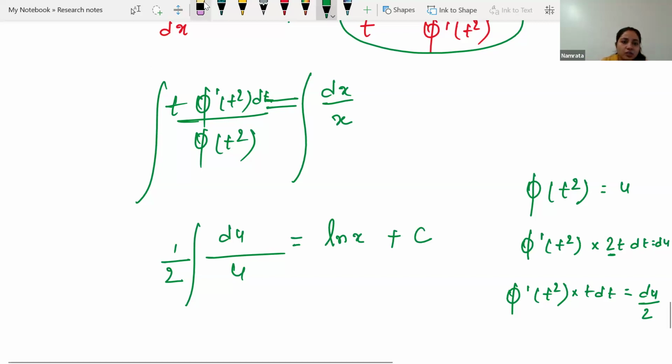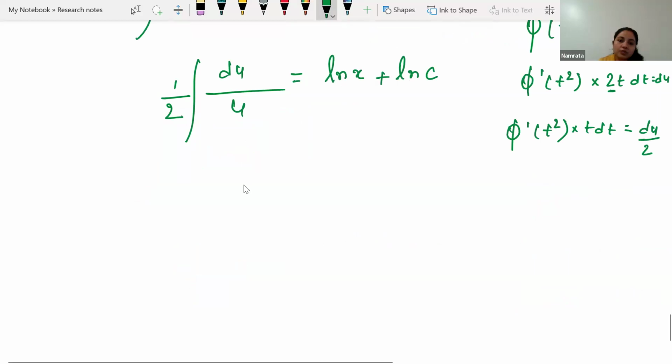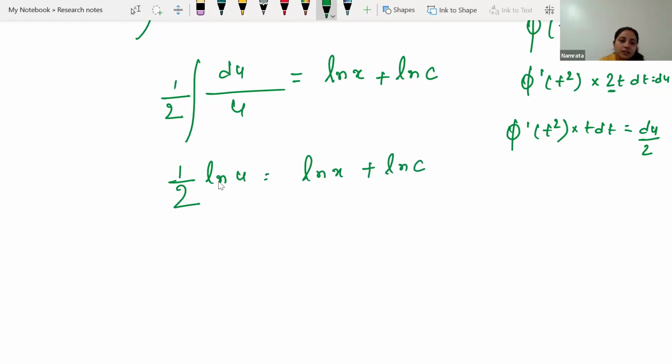Okay, both side we are getting log. Here also let me take logarithm only. Plus ln c. Okay, so here also logarithm, here also logarithm. Here we'll be having 1 by 2 ln u is equals to ln x plus ln c.